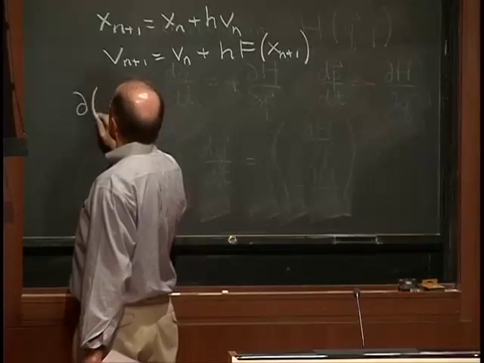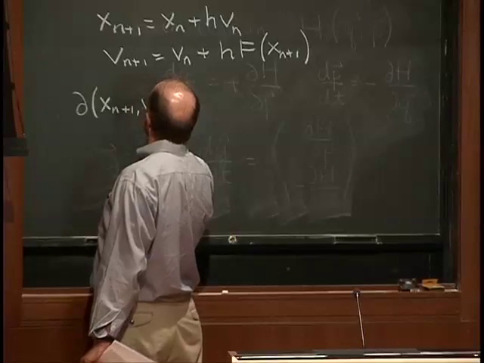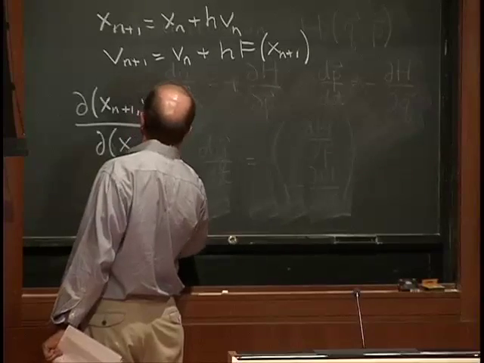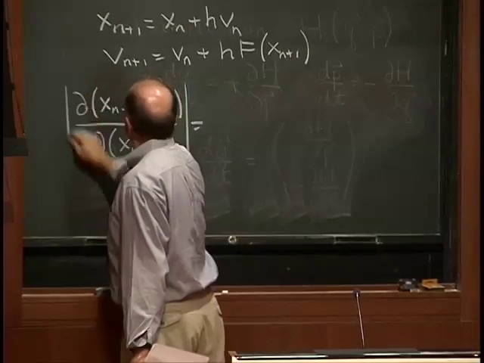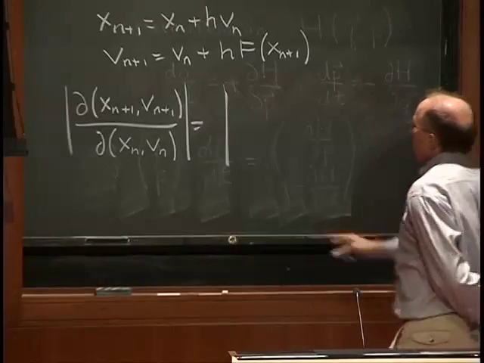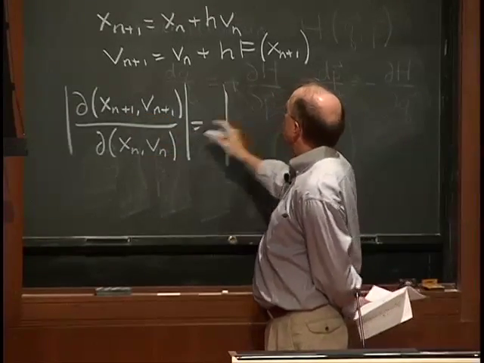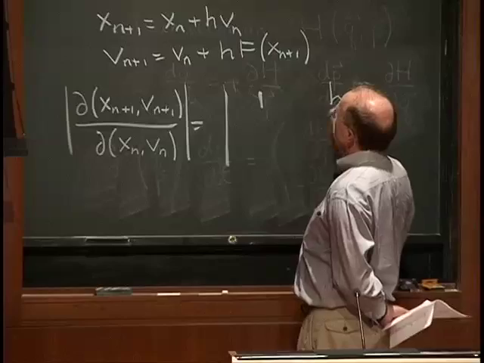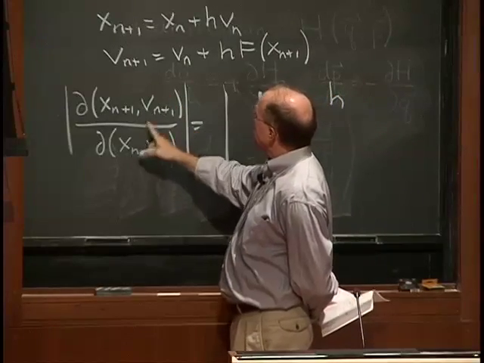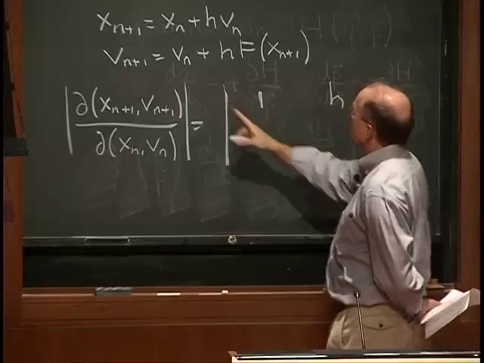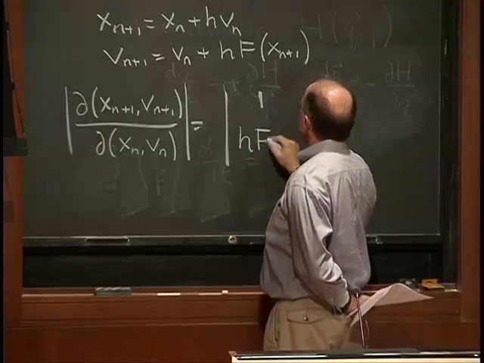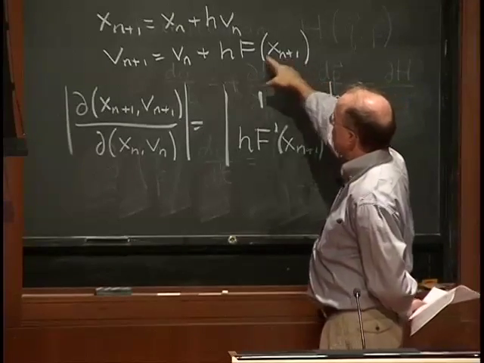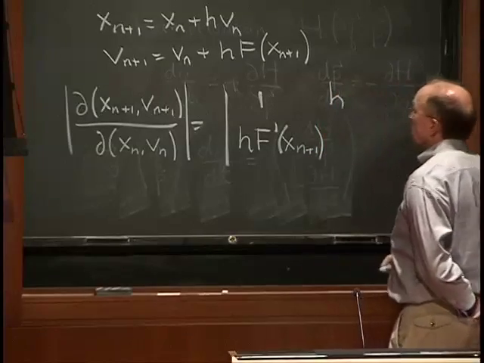The Jacobian of xn plus 1, vn plus 1 relative to xn and vn is, once again, partial of xn plus 1 with respect to xn is 1. Partial of xn plus 1 with respect to vn is h. Partial of vn plus 1 with respect to xn is a little more complicated. It's h times f prime at xn plus 1 times the partial of xn plus 1 with respect to xn, which is 1.